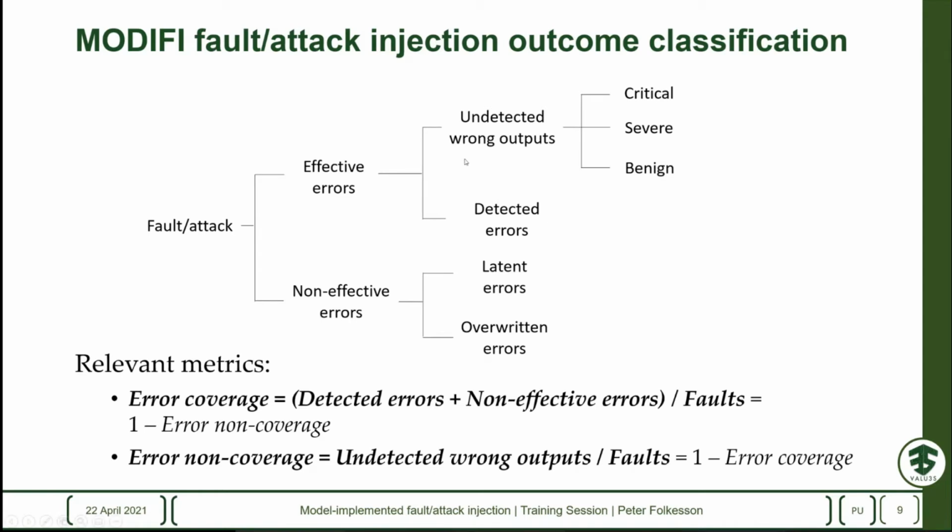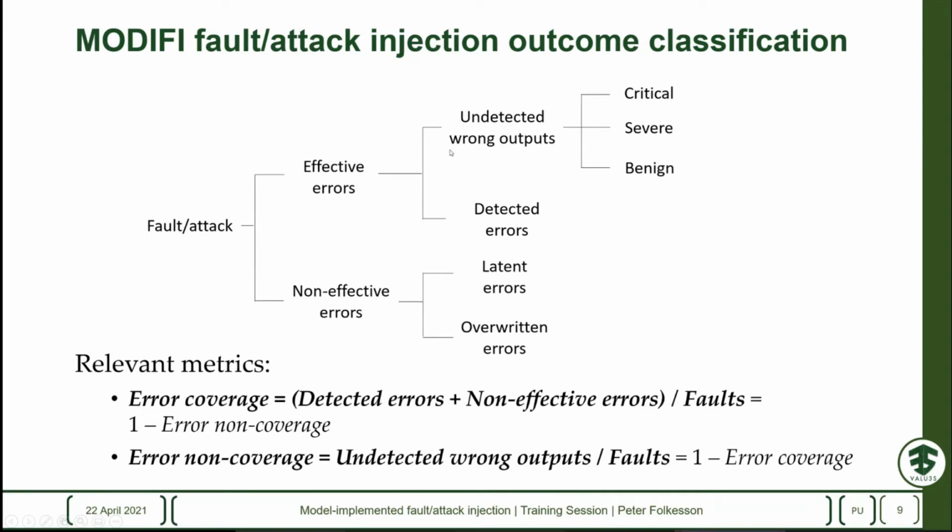So, when it comes to result analysis, the tool allows us to classify the outcome of each fault and attack injection experiment in the way shown here. So, a fault or attack may lead to either an effective error or a non-effective error.